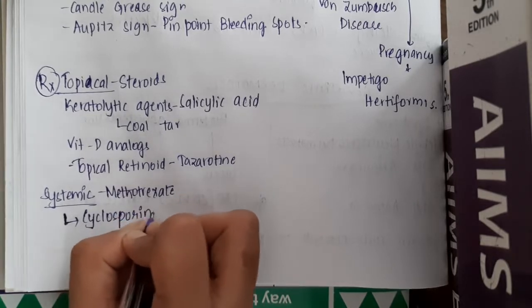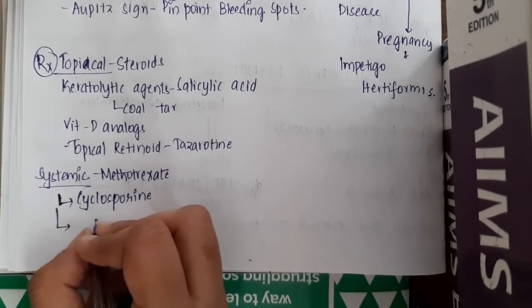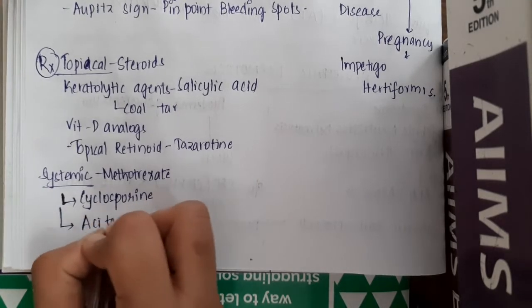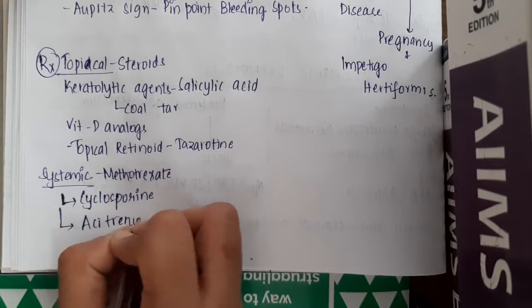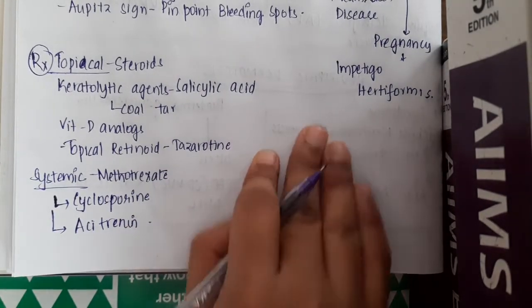Cyclosporine can be used, but side effects like nephrotoxicity, hypertension, hypertriglyceridemia can occur. You can use acitretin, where the side effects are teratogenicity and dyslipidemia.